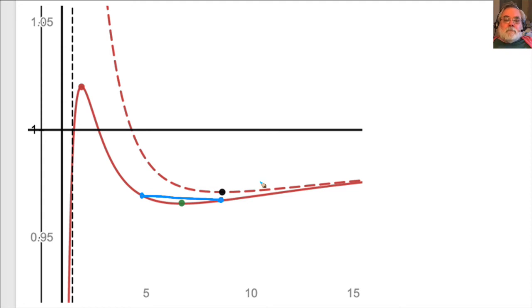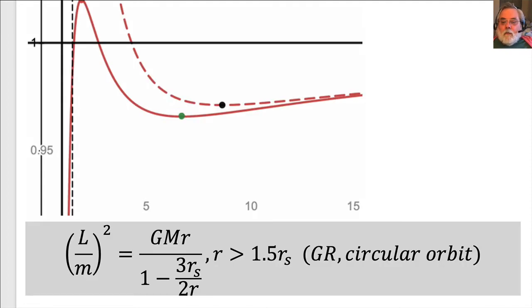As we covered in the main course, here is the angular momentum for circular orbits, whose radius must be larger than 1.5 Schwarzschild radius. We get this relation by taking the partial derivative of the general relativity U effective expression with respect to r, setting that to 0 and solving for angular momentum.